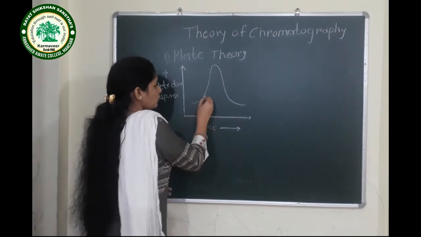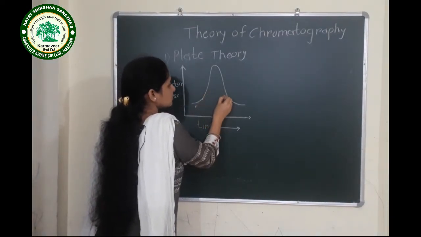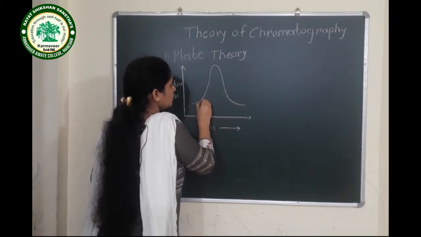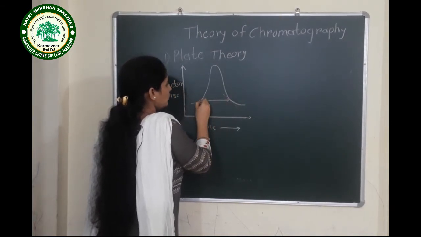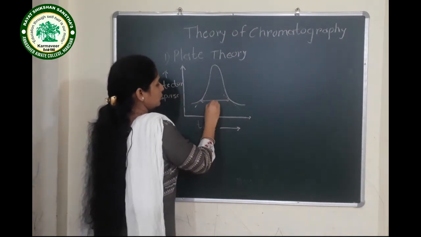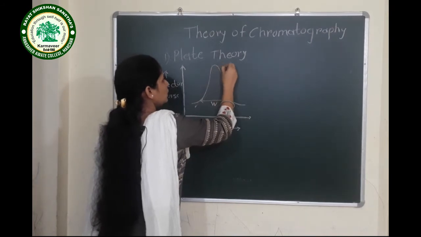Now we will draw two tangents to draw the base line. This is the width of the peak. It is given by W. Okay.